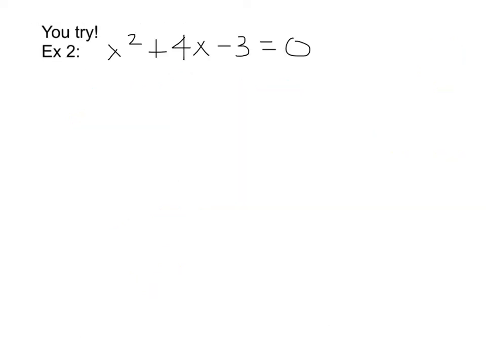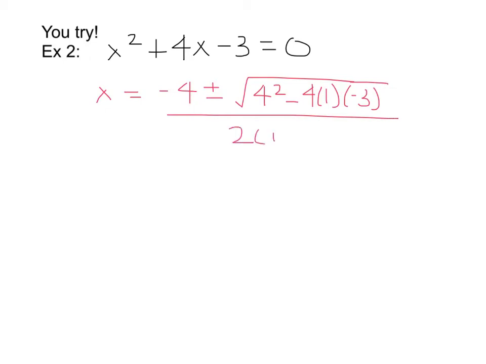Press pause, and I want you to solve x squared plus 4x minus 3 using the quadratic formula. So x equals negative 4 plus or minus the square root of 4 squared minus 4 times a times c, all divided by 2 times a.